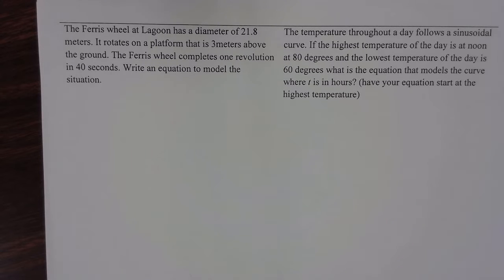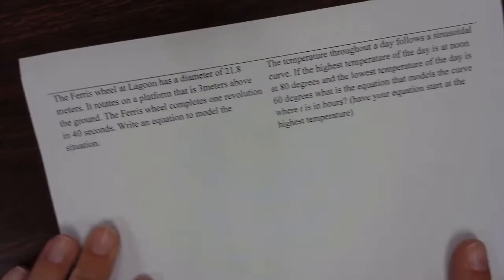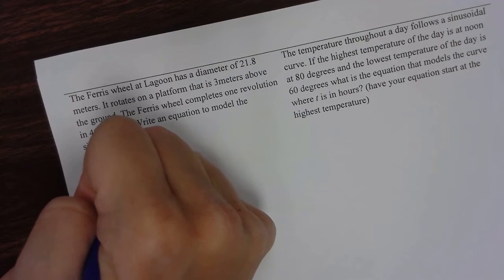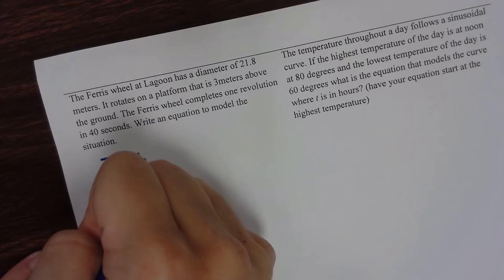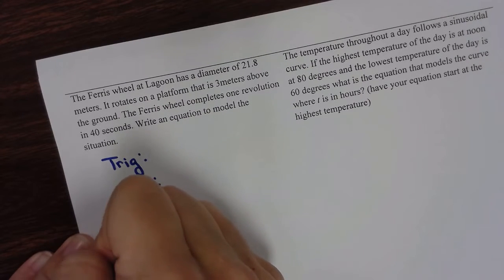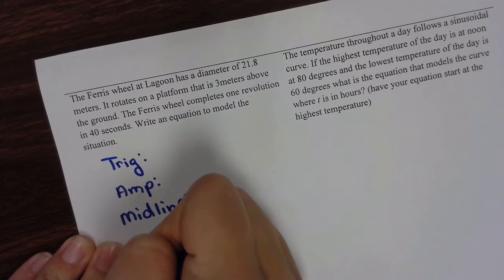So think of the things we need for our equation. First, we need to know what trig function we are using. We need to know the amplitude, the midline, and the period.